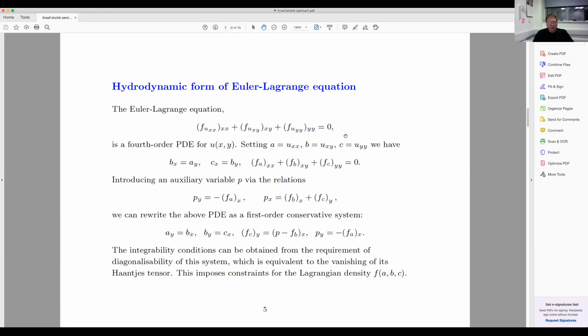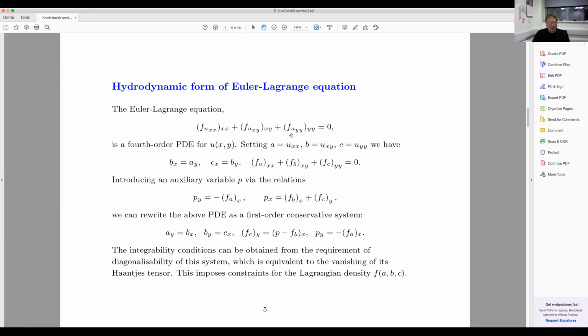So first of all, I will introduce variables a, b, and c as follows: u_xx is a, u_xy is b, and u_yy is c. And then there are consistency conditions among them, like b_x equals a_y, c_x equals b_y. It just follows from the definition.